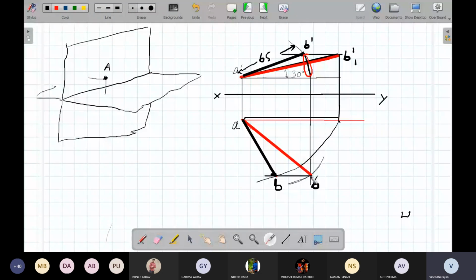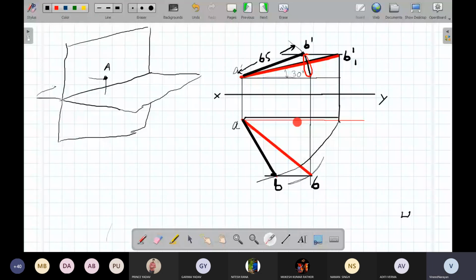So the same process can be reversed. We can also rotate in the horizontal plane till it becomes parallel to the vertical plane. That's what I am doing here. The second line AB is rotated in such a way that it becomes parallel to the vertical plane. Okay, AB, and then it is projected.